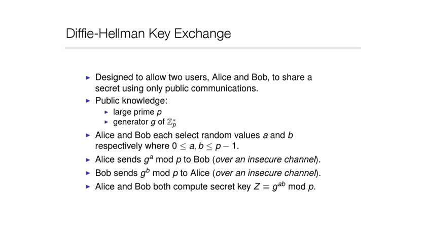The generator g is again a public parameter. Alice and Bob each select random values a and b respectively, between 0 and p minus 1.